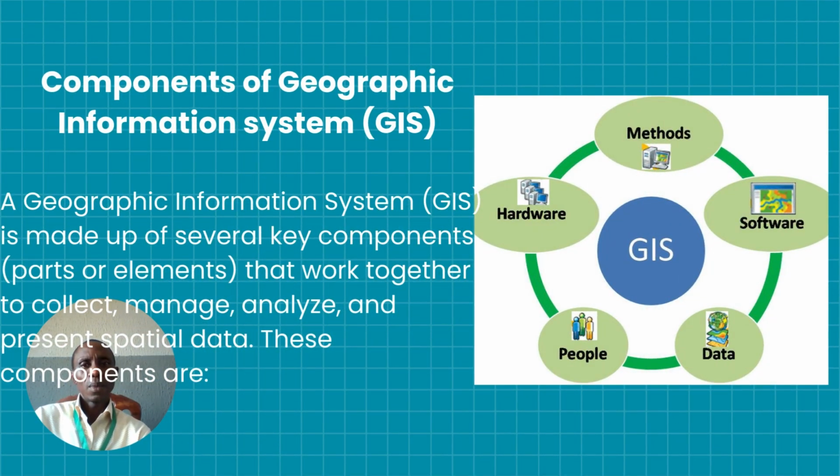GIS is made up of several key components. You can call them parts, that work together to manage, analyze, and present spatial data. When you say spatial data, we mean things in space.